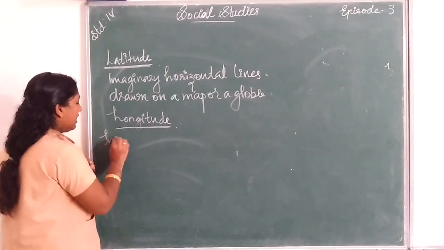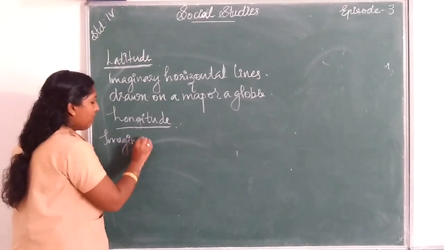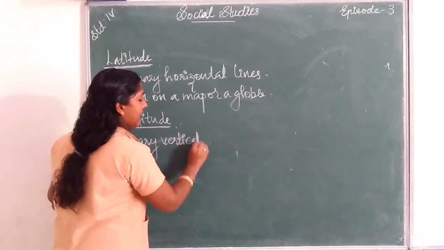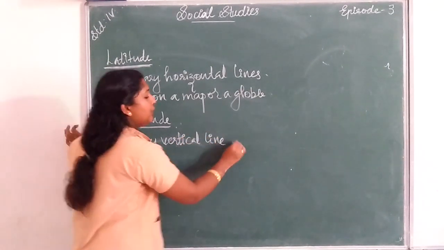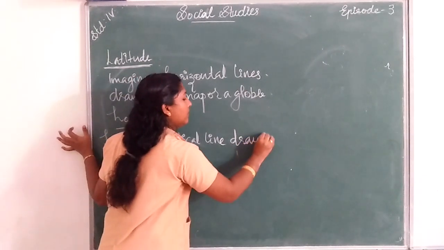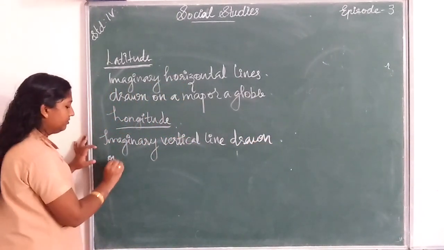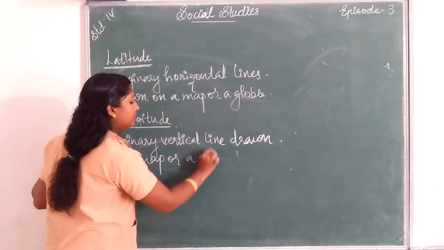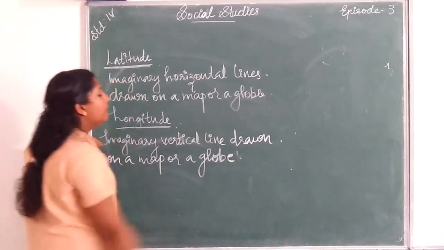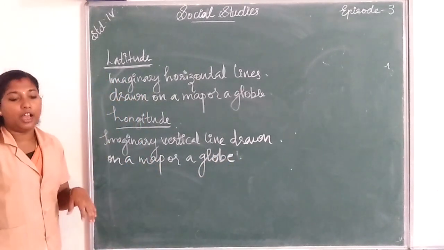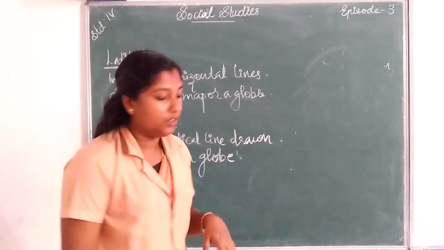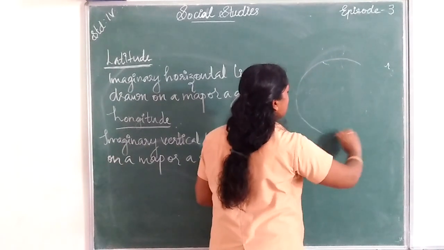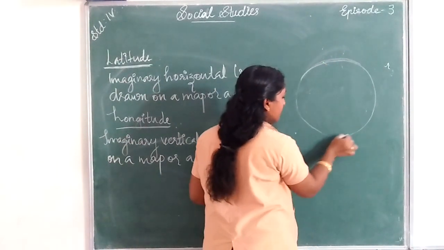Imaginary vertical lines drawn on a map or a globe are called longitude.